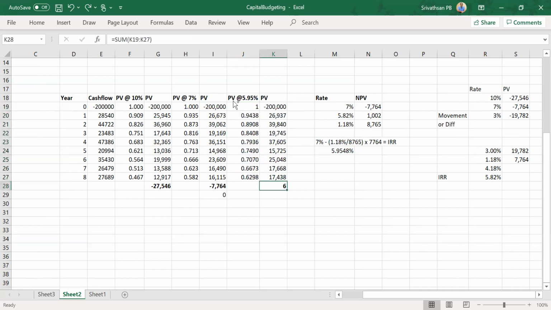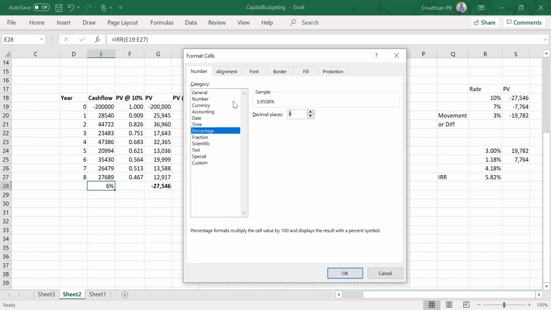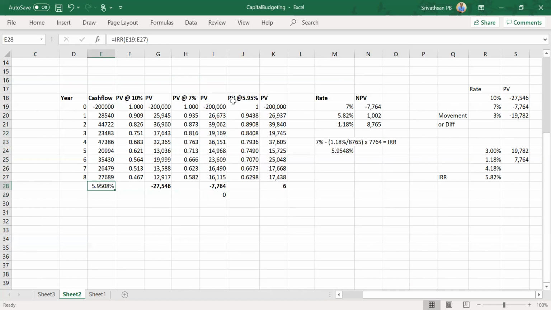So 6 rupees is a fair number. To get the exact IRR, let's now look at Excel's formula. IRR, just give the values. So it is 5.9508. Our calculation comes to 5.9548. It's a third decimal variation, so don't worry about it.